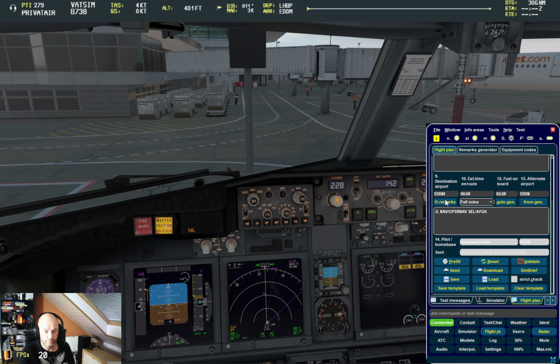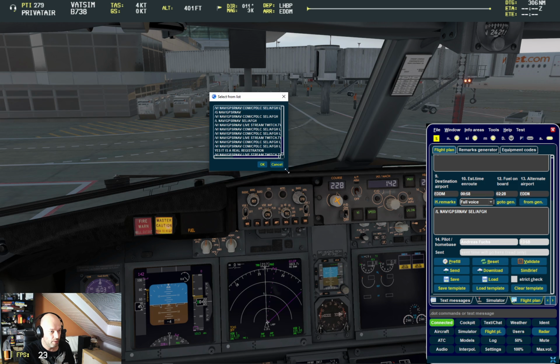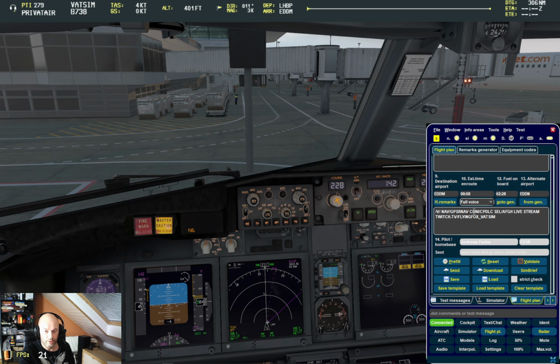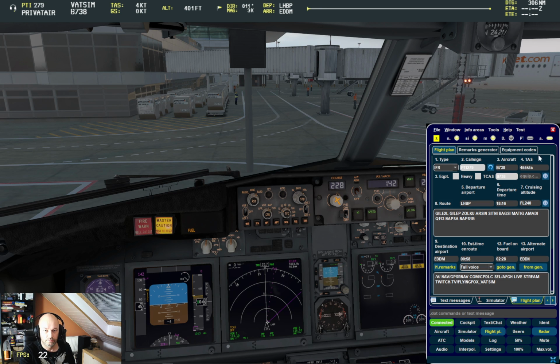There we go. Then here I want to load my pre-saved, previously used remarks. We use this standard line, and it's already inserted. I need about 5 minutes. Thank you for waiting. So, and you know what?